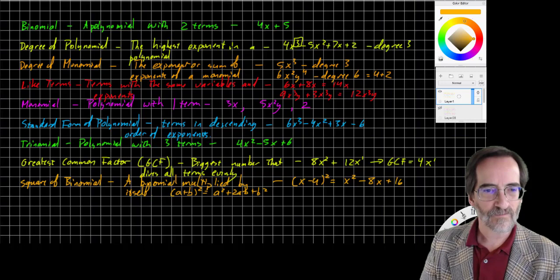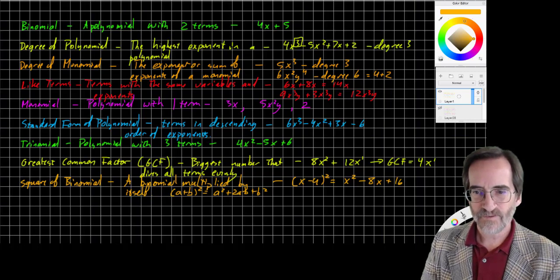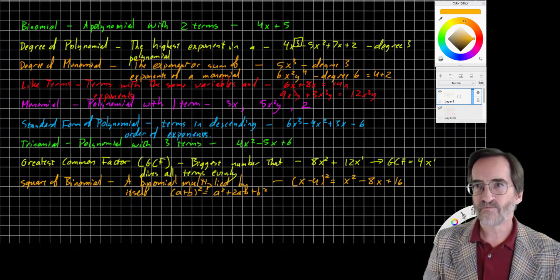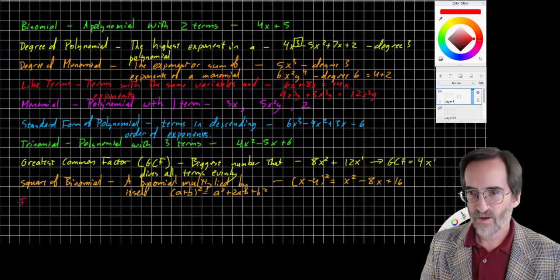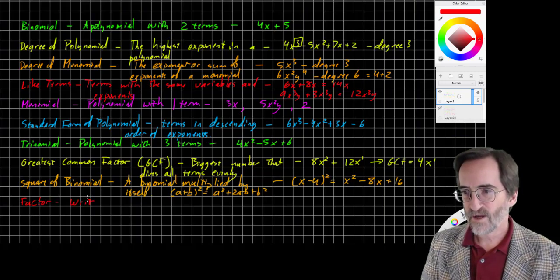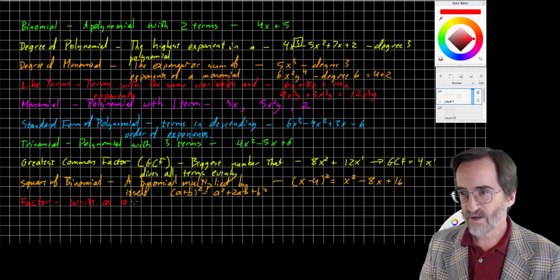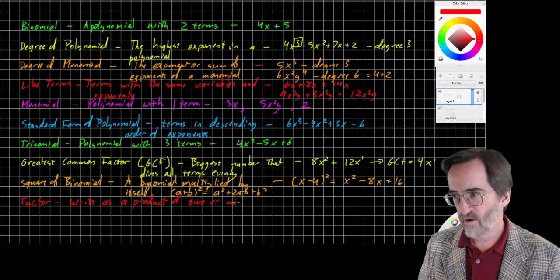Okay, that's lesson 4. Lesson 5 is mid-unit review. Lesson 6, factoring. Binomial, factor, and trinomial. We do not have factor yet, so factor. Factor, write as a product, that means multiply, of two or more factors.